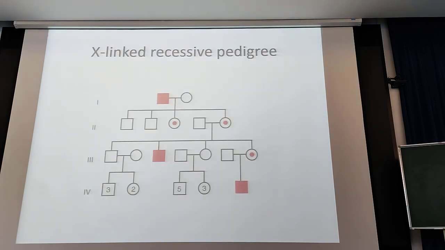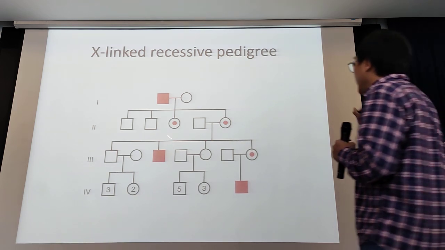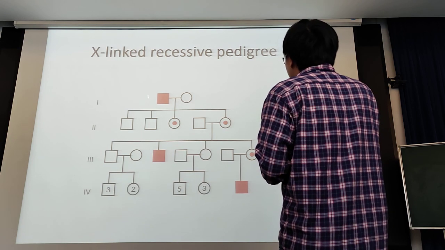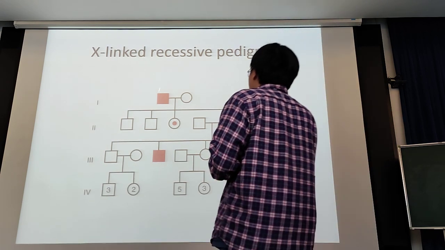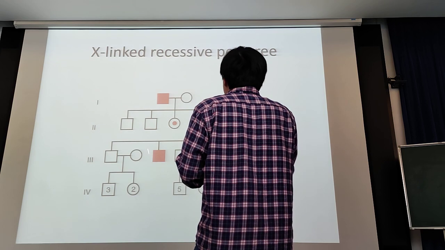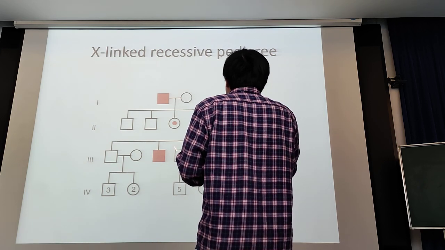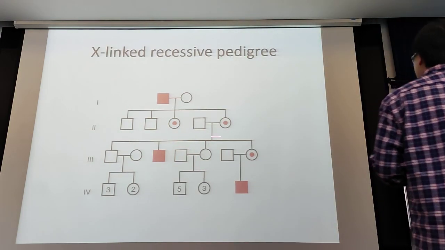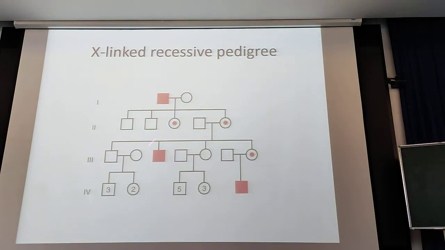On the X-linked recessive, we'll see that it does not show up in every family pedigree, but will show up in only several generations, and most of the affected are male, and the female, who is the parent of this affected individual, is the carrier.